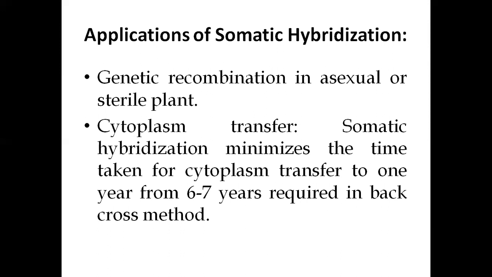But in case of the somatic hybridization, this could be done within a year. And in some experiments, it may also take 15 to 16 years to transfer the complete cytoplasm to the offspring or the hybrid by the repeated backcrossing method.